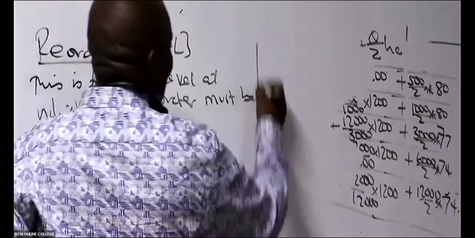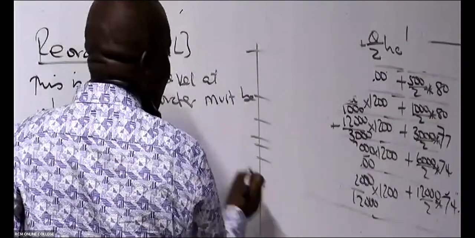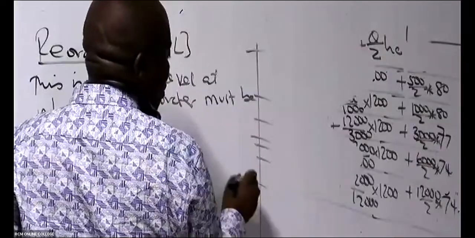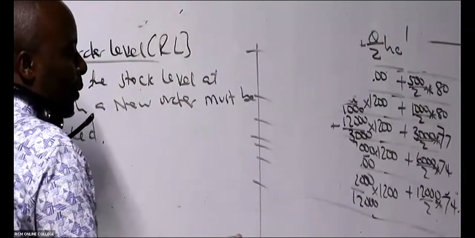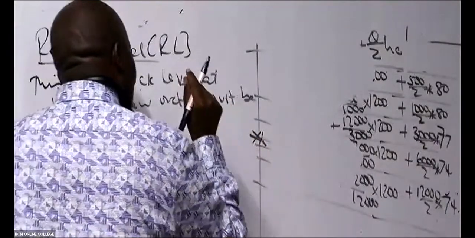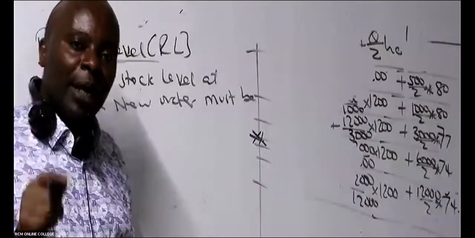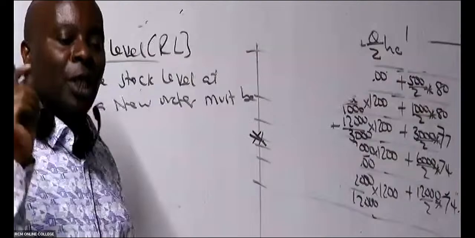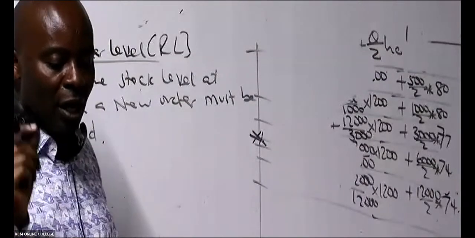So you must set a level at which, once we reach that level, a new order has to be placed. That level is what we call the reorder level.